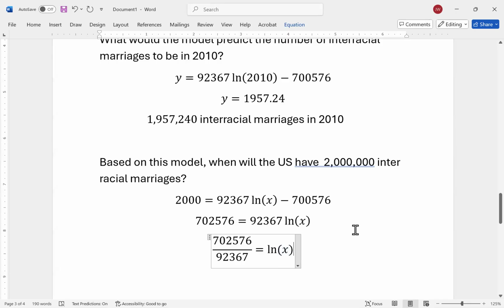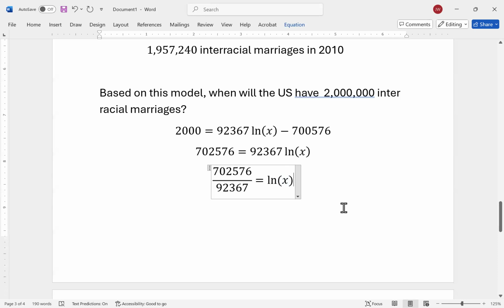And then to figure out what X would be, we would take e to this power. So I'd probably just calculate that in my calculator. That's about 7.61. And then without rounding it, I'd take e to that power. Usually the easiest way is to just hit your answer mode.